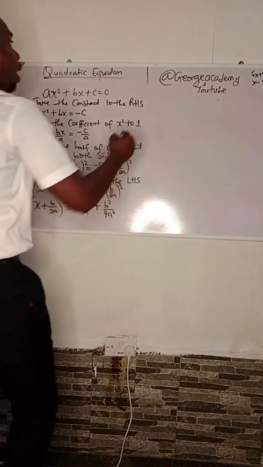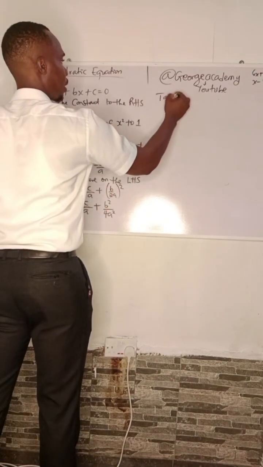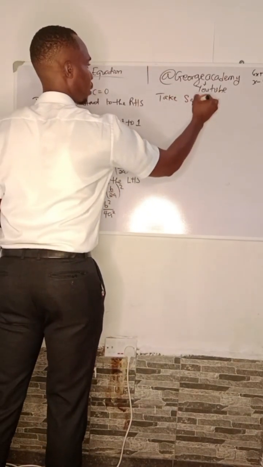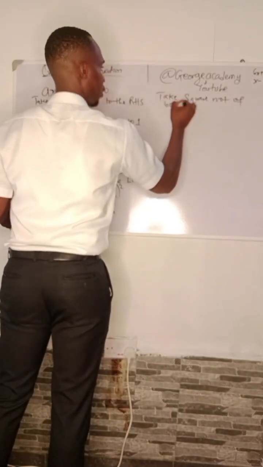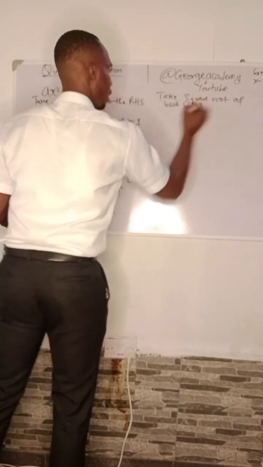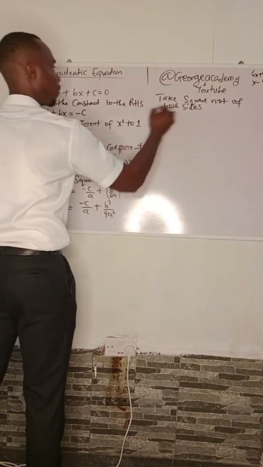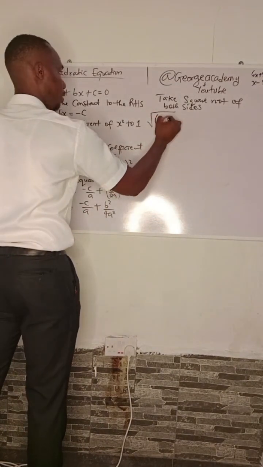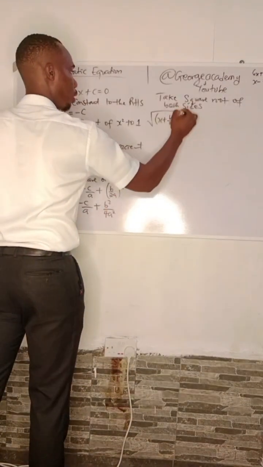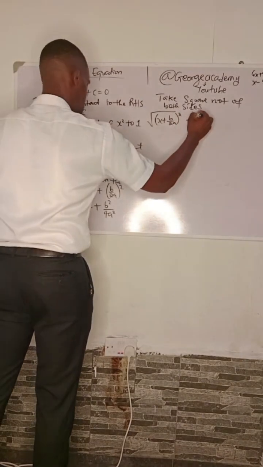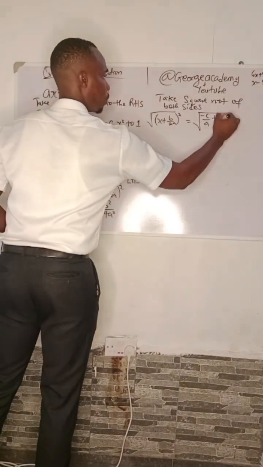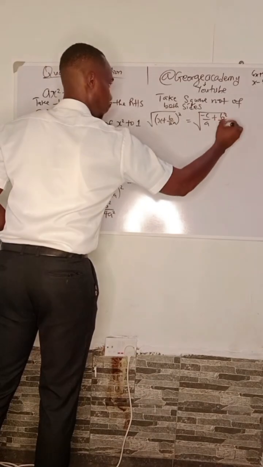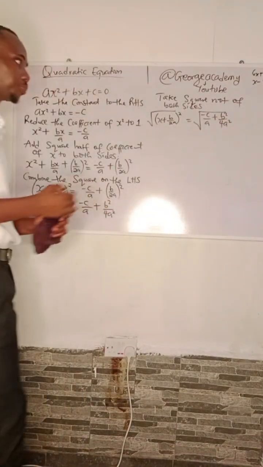So now we take the square root of both sides. If we take square root of both sides, this now gives you x plus b over 2a equal to the square root of minus c over a plus b squared over 4a squared.